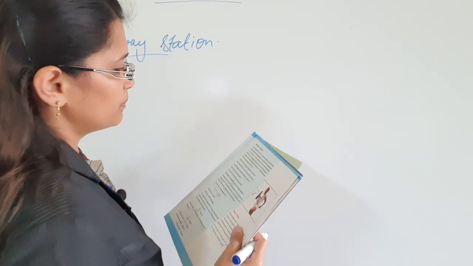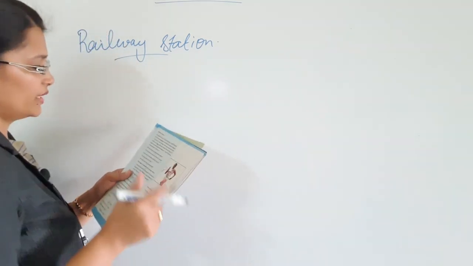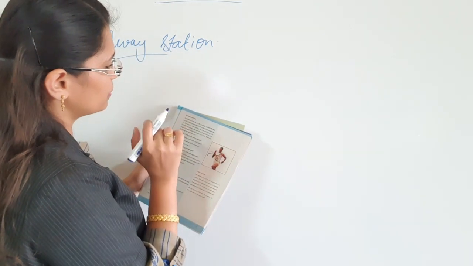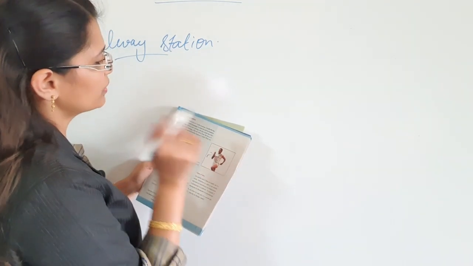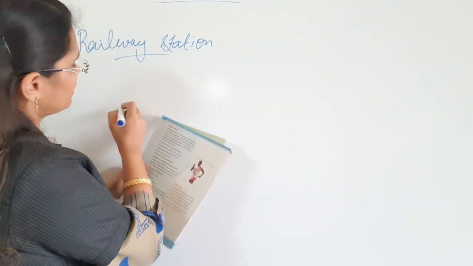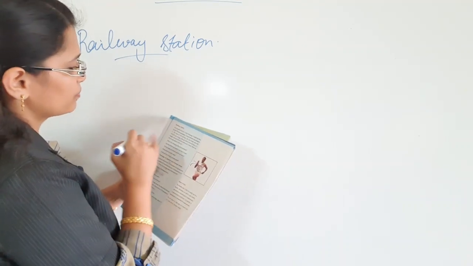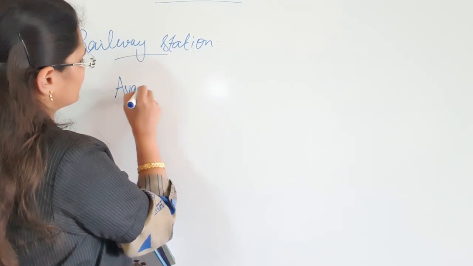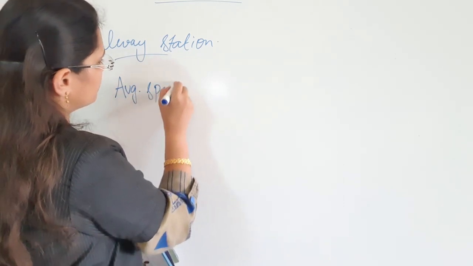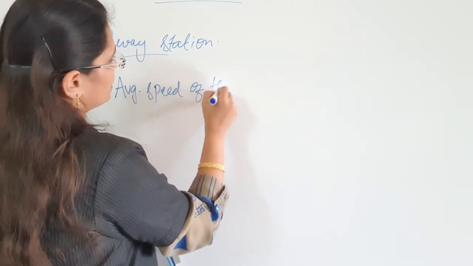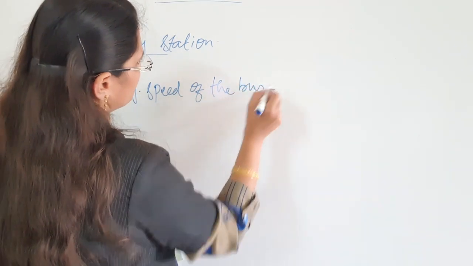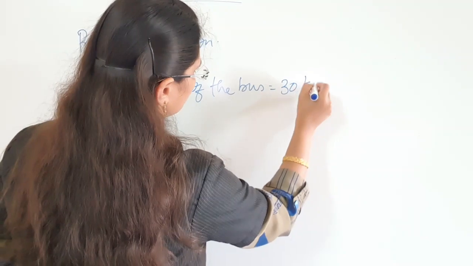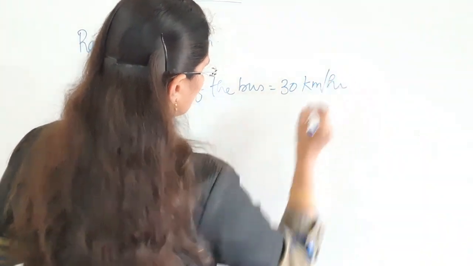Abu boarded a bus at 7 in the morning. So, usually the bus travels 30 kilometer per hour on average. Average speed of the bus is equal to 30 kilometer per hour.